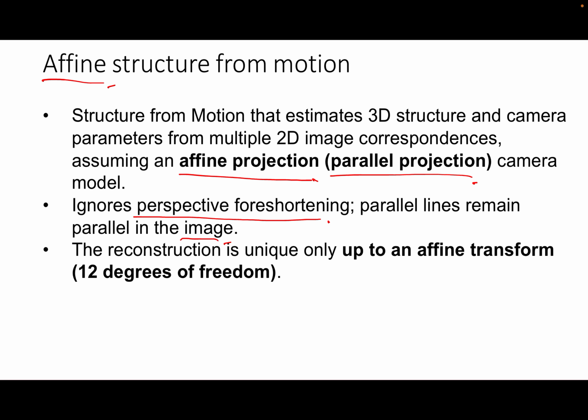The reconstruction is unique only up to affine transform. We will study this later. What I want to say is that affine structure from motion uses affine projection instead of perspective projection. As SfM suffers from ambiguity, we'd like to reduce the ambiguity, so it uses a simpler camera model, affine projection.